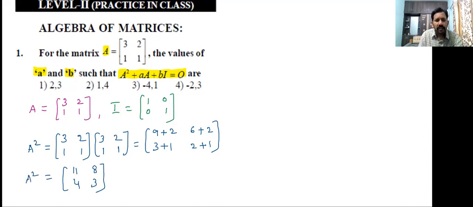But see the question, what they have given. A square plus small a into capital A plus small b into capital I is equal to 0. What is the A square matrix? 11, 8, 4, 3.